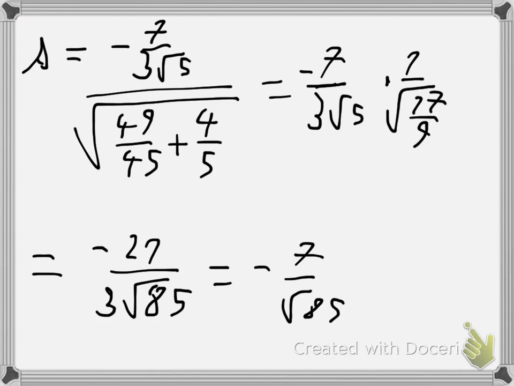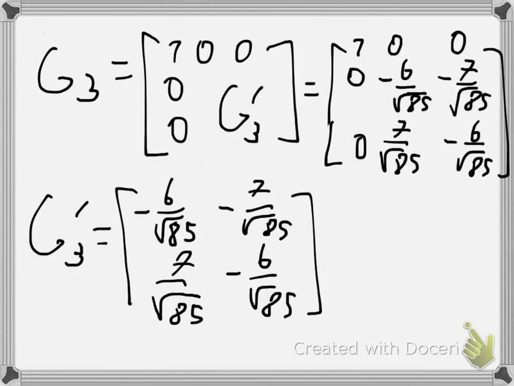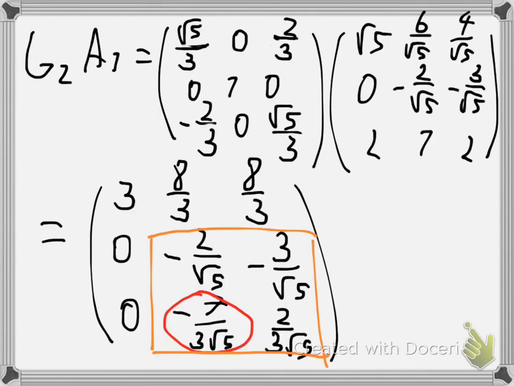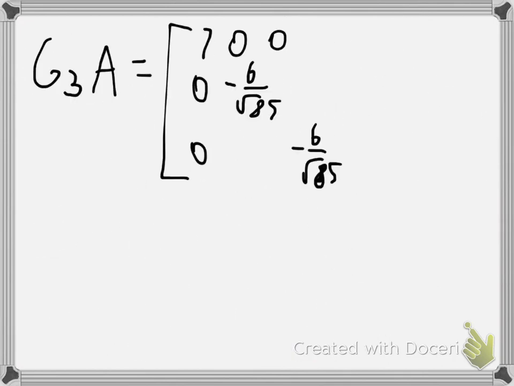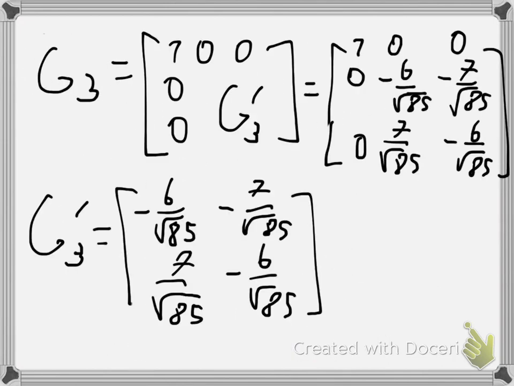Sorry, our matrix A, it's not A that you are multiplying, this is A2, so the result of our second rotation.